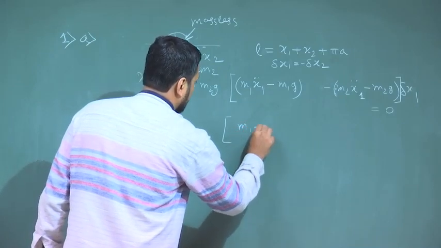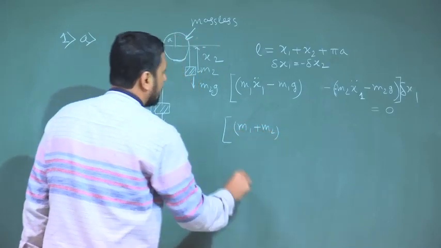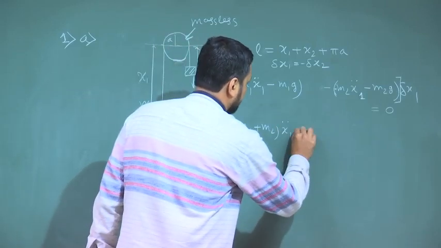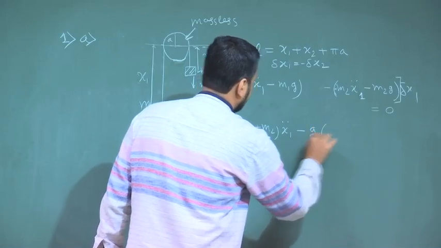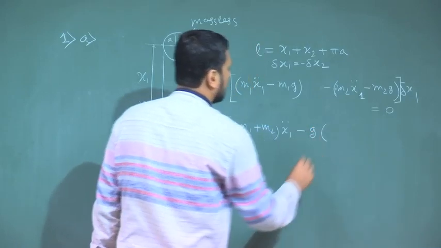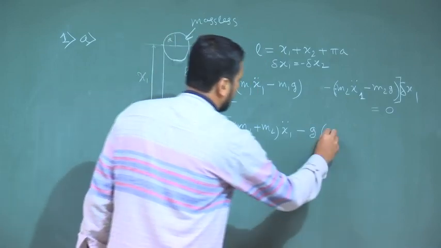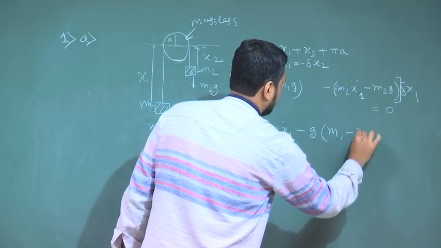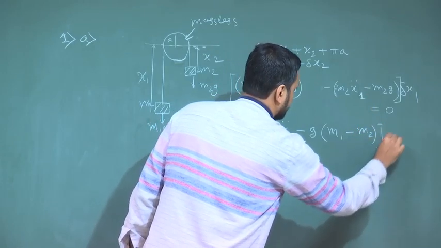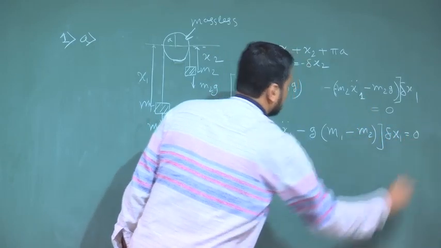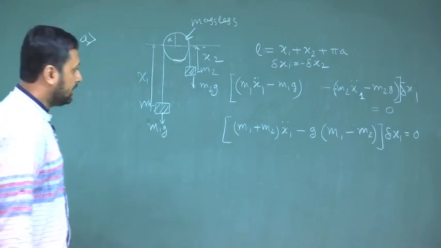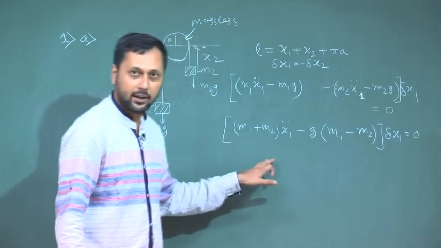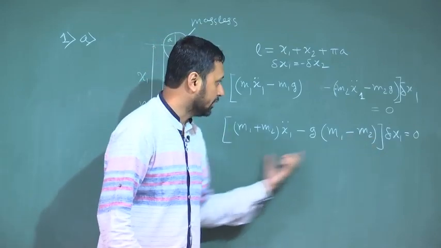So, you get m1 plus m2 times x1 double dot, minus g times m1 minus m2, times delta x1 equal to 0, right. And now, because there is only one coefficient of delta x1, the whole thing can be equated to 0.